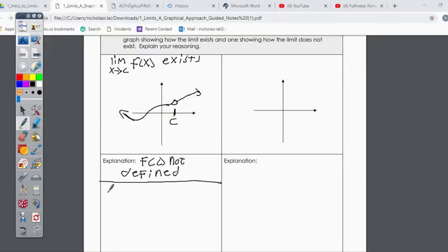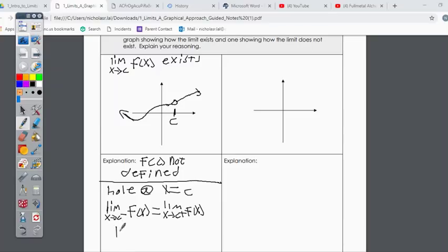So even though there's a hole at x equals C, the limit as x approaches C from the left of f of x is equal to the limit as x approaches C from the right of f of x.